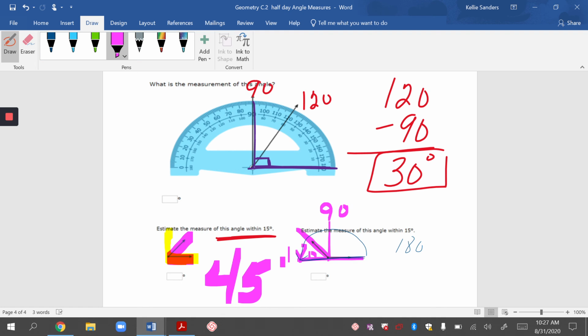Okay, so on this right here would be 45 degrees. Well, if this is 90 and this is 45, if I added those, I would get 135 degrees.